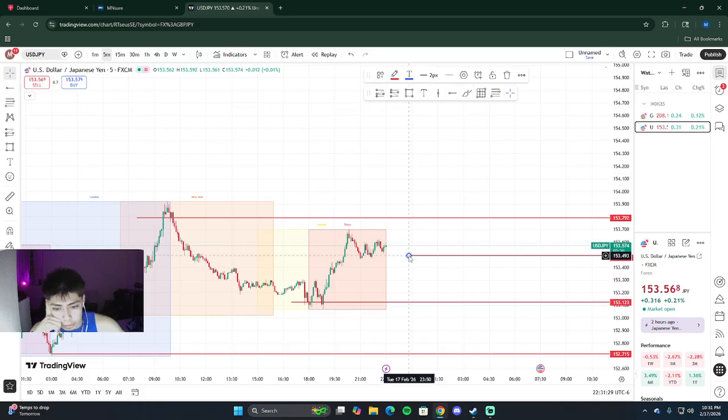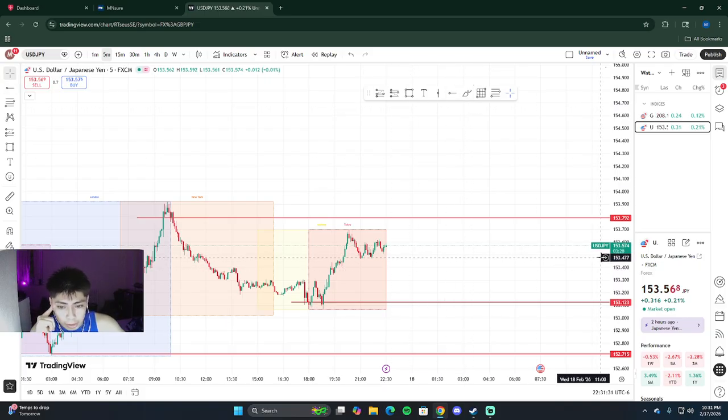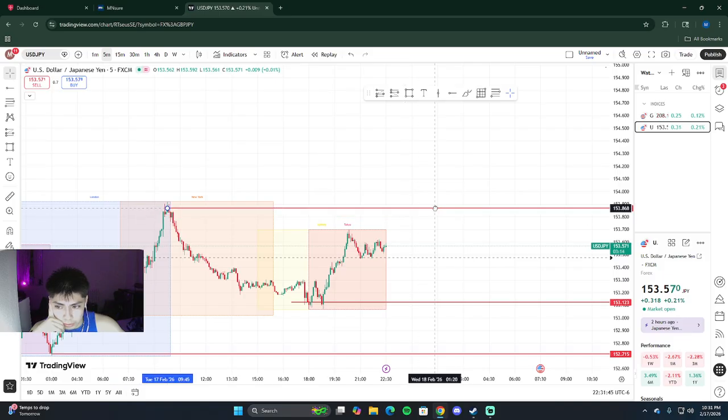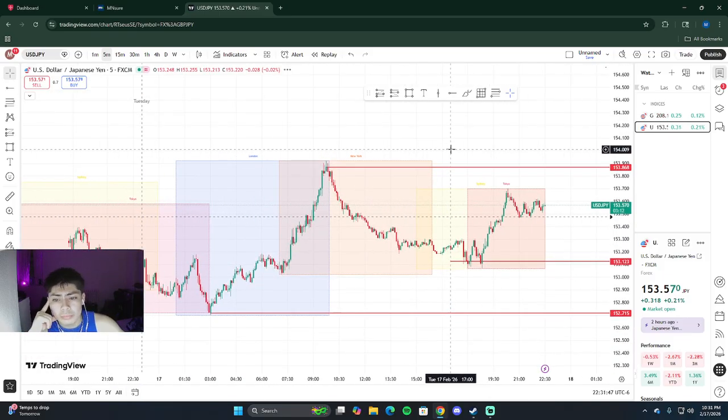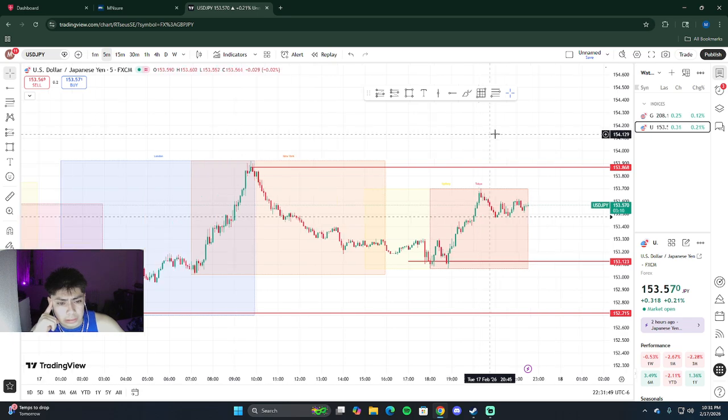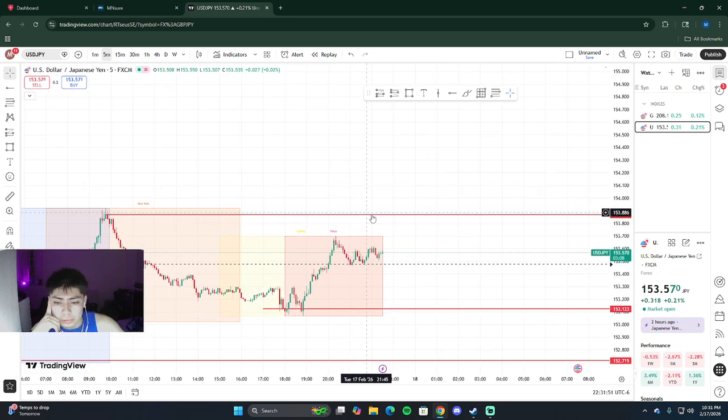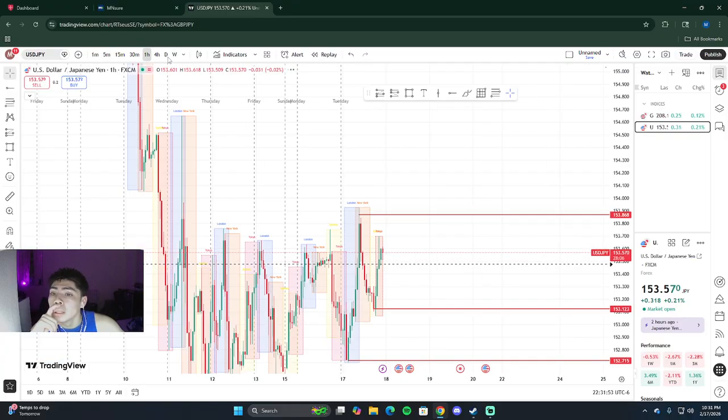So actually, let's erase that. If we can put an alarm here, an alarm here goes down, liquidity sweep, hits this take profit here. This would be take profit. That's what I think.